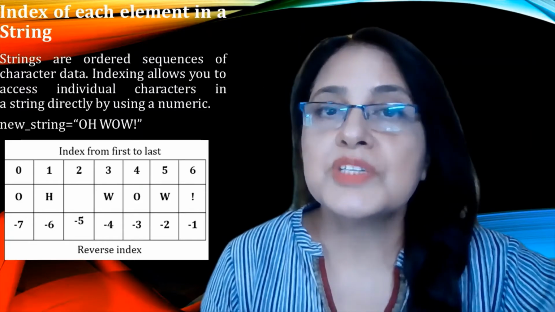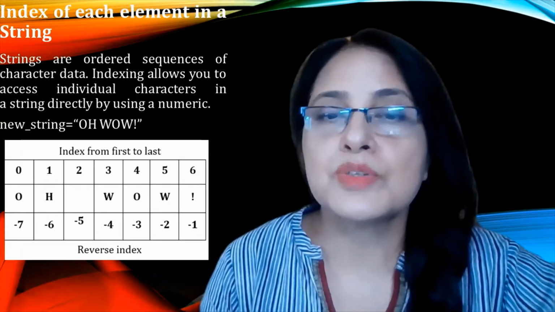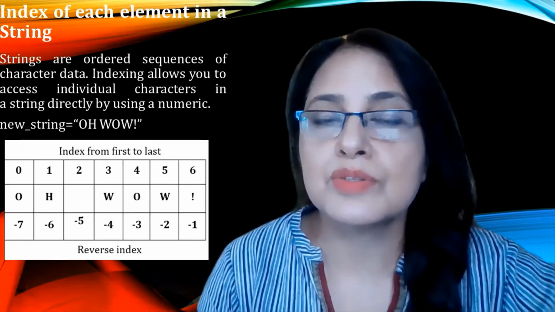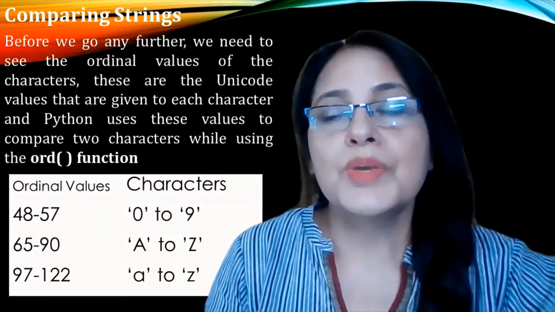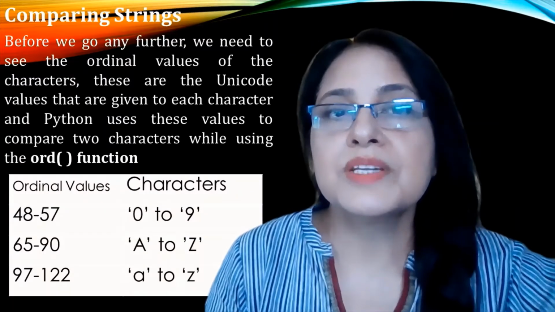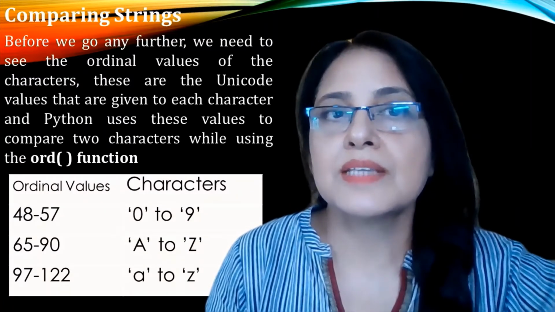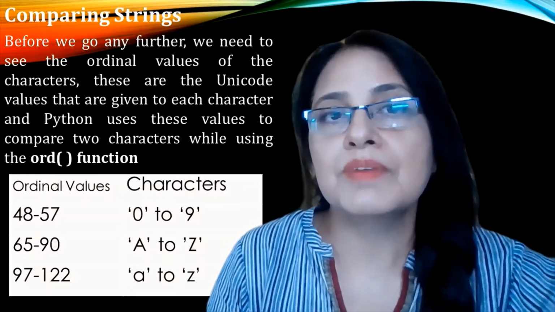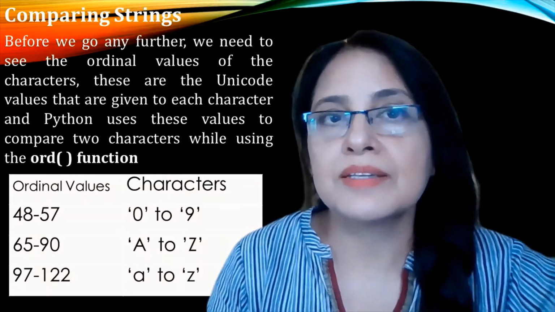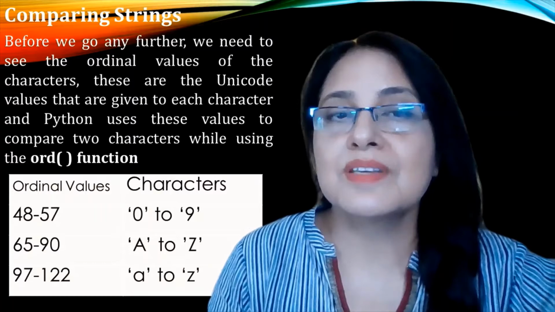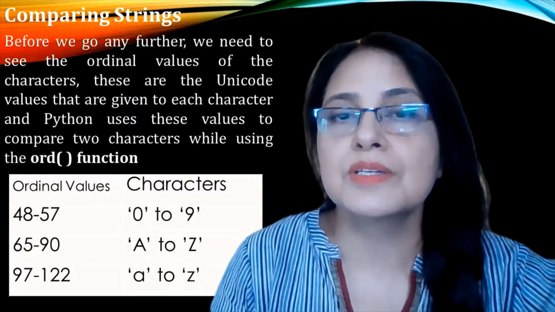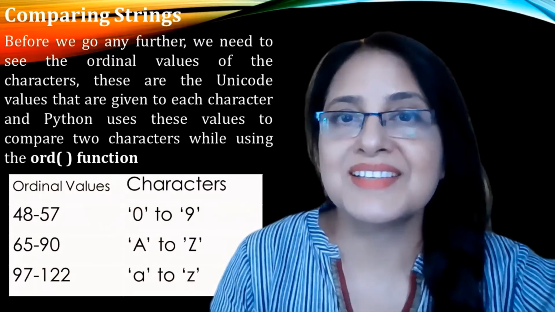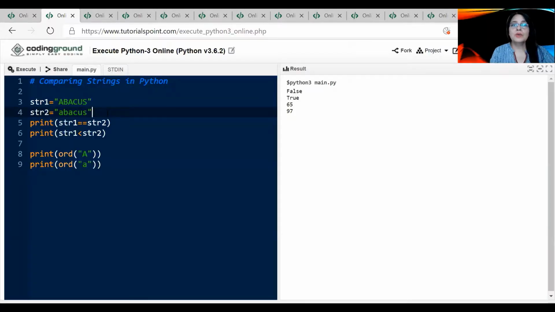We keep decreasing the number of the index to -2, -3, and so on as we move towards the left of the string. We also have something called the ordinal values of characters, and these are actually the Unicode values that are given to each character. Python uses these values to compare two characters while using the ord function, and we're going to look at an example of this.